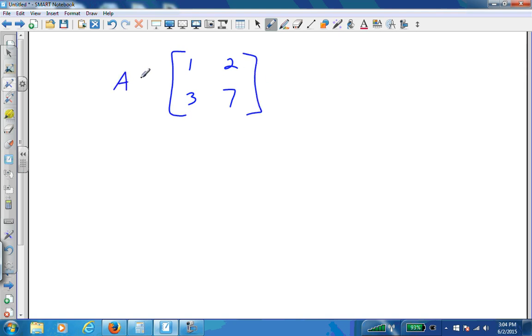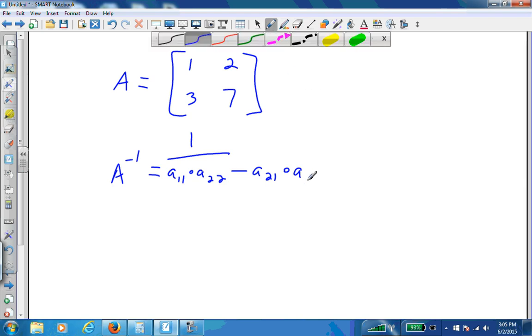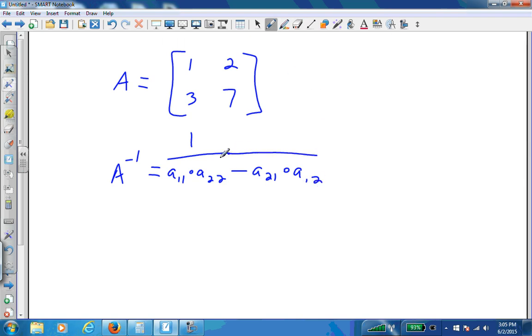That's matrix A. Then for a 2 by 2, we can do 1 over the determinant of that matrix, which comes by doing row 1, column 1 times row 2, column 2 minus row 2, column 1 times row 1, column 2. So that's the determinant of A. We'll talk about determinants later.